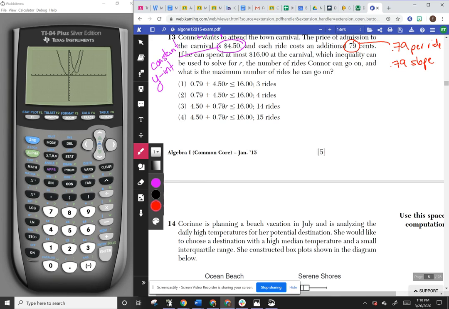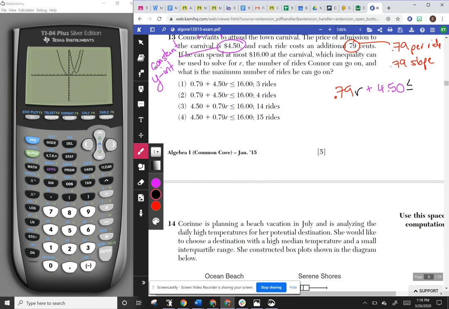All right, so I already filled in some of this information. So we got 0.79R, where R is the number of rides, right? So 0.79 per ride, plus our constant admission fee of $4.50. So that's going to be part of our inequality so far. That's the amount of money Connor spends.